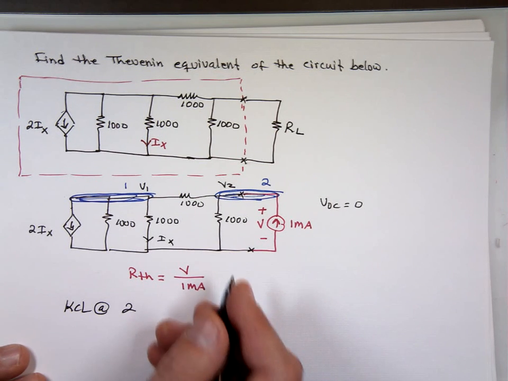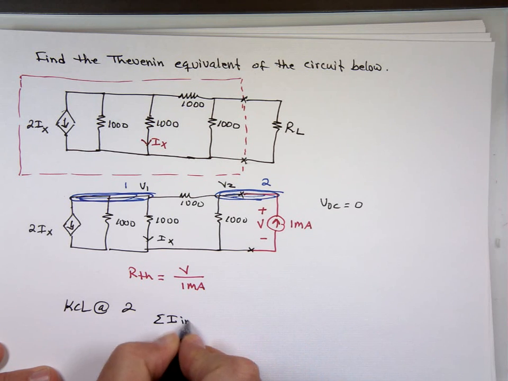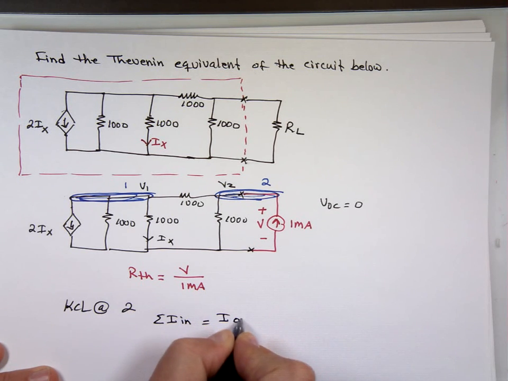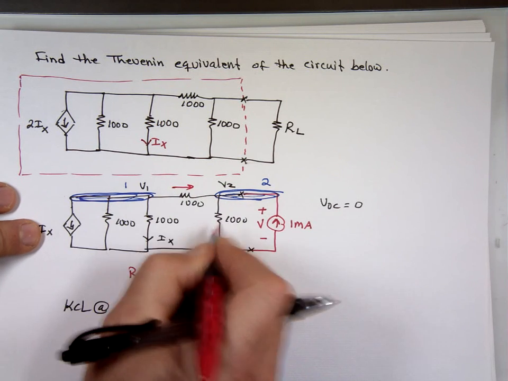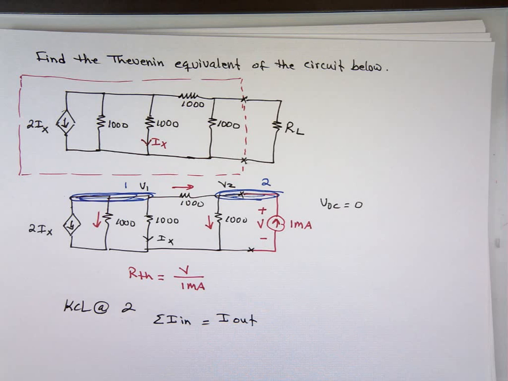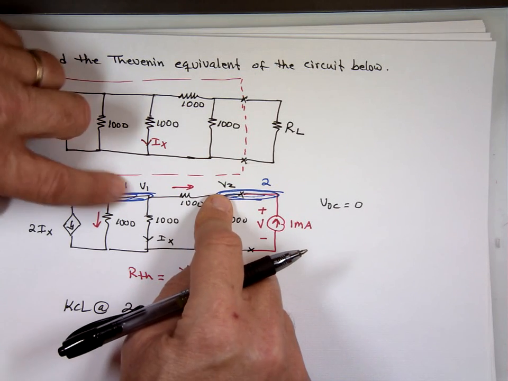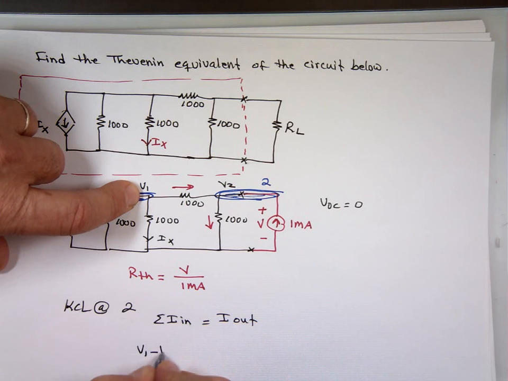If you look at the current in equals the current out, which way do you want to define these currents? At this node, what's the current going in? V1 minus V2 over 1K.